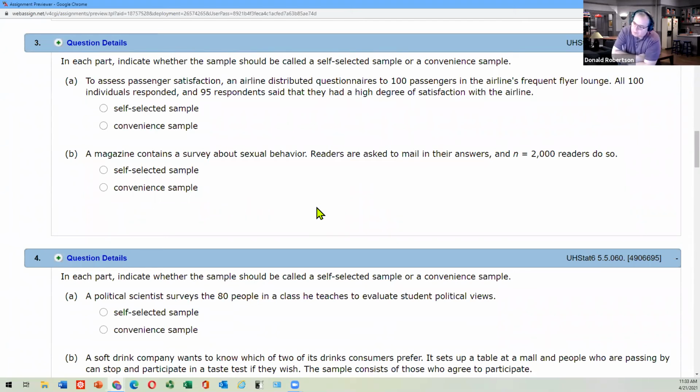A convenience sample. Can you imagine that you're in the mall and there's a guy with a clipboard, and every person that walks by him, he says, "Excuse me, I'm interested in asking you some questions. Would you like to answer these questions?" Now, I know part of that is self-selected, but isn't it also convenient? Because it's easy for them, right?